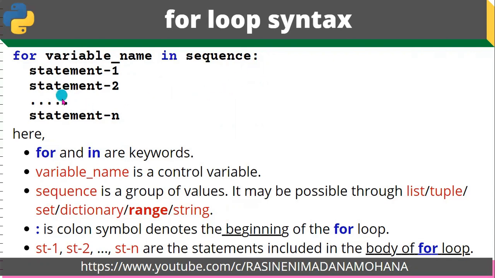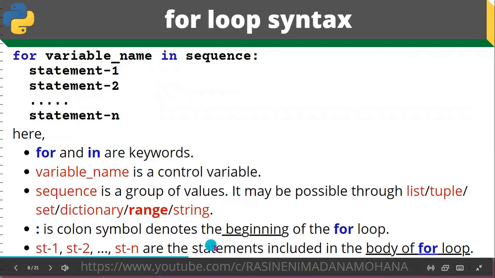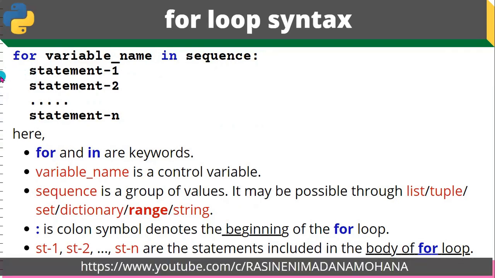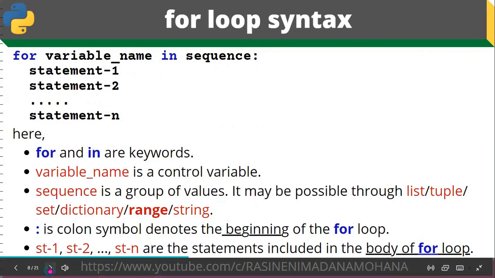Then statement 1 to statement n denote the body of the for loop. Whatever statements you include within the for loop, all these statements are repeated for each sequence value we give. This is the syntax of the for loop and the meaning of each term in this syntax.